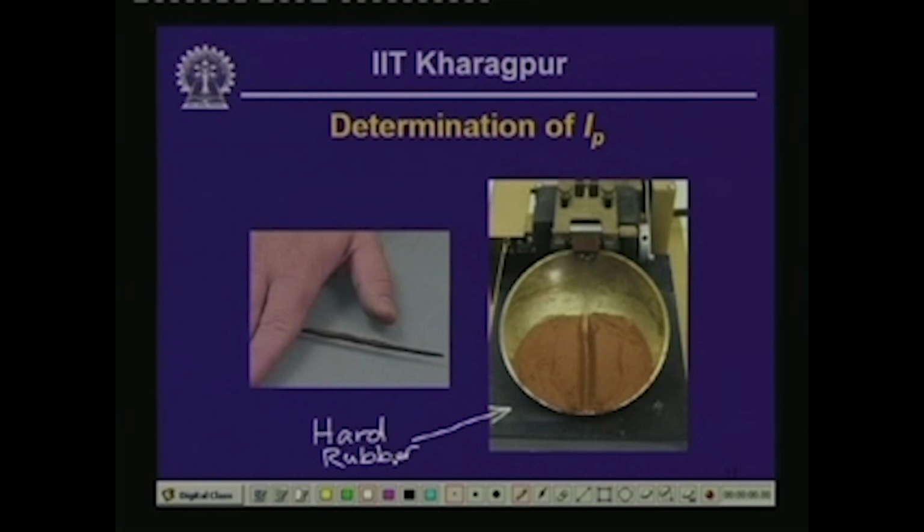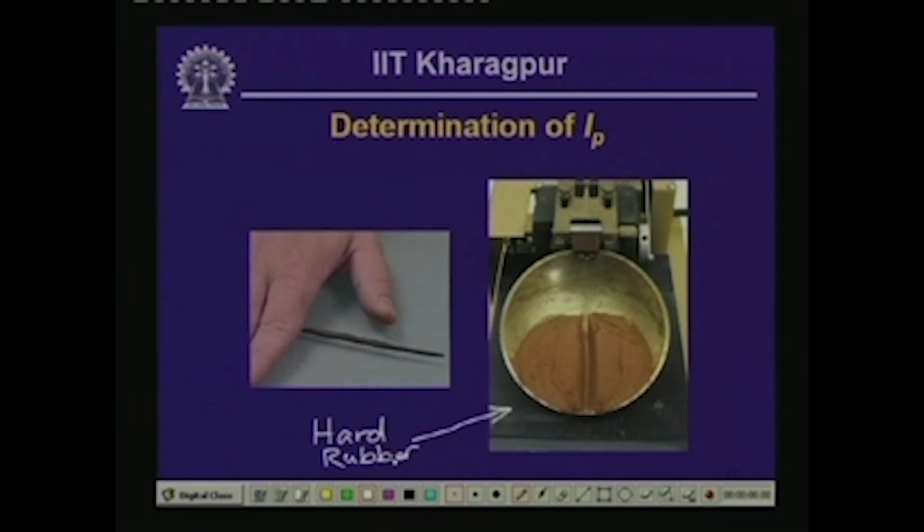It is bounced up and down on the hard rubber base using a standard configuration, and the moisture content at which the groove closes over a length of 15 millimeter in 25 blows is called the liquid limit.